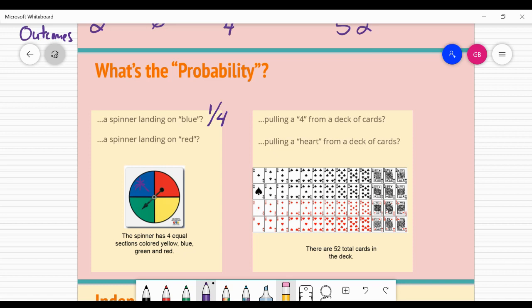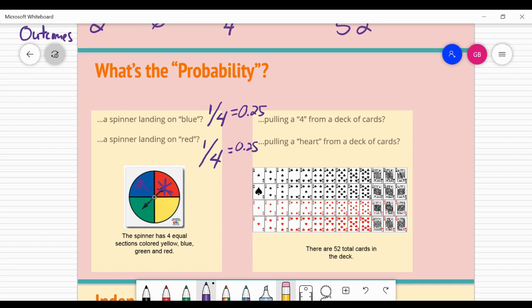Similarly, the probability of landing on red, there's only one red section out of a total of 4 sections. So it's also 1 out of 4. Sometimes you would see decimals, so just be comfortable with converting that into a decimal. That's 0.25 or 25%.